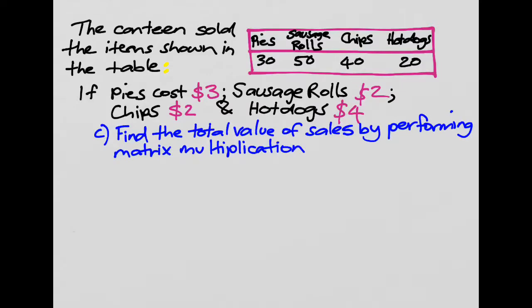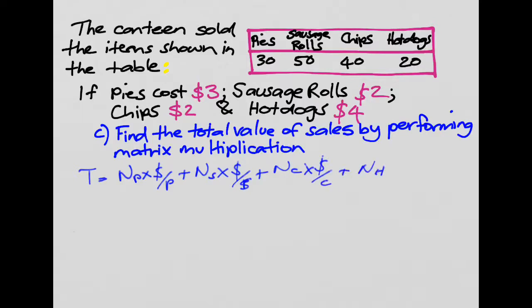Now find the total value of sales by performing a matrix multiplication. What we're doing here, if you were doing it by hand, would be total number of sales is equal to the number of pies times dollars per pie plus the number of sausage rolls times the dollars per sausage roll plus the number of chips sold times dollars per chips plus the number of hot dogs times dollars per hot dog.